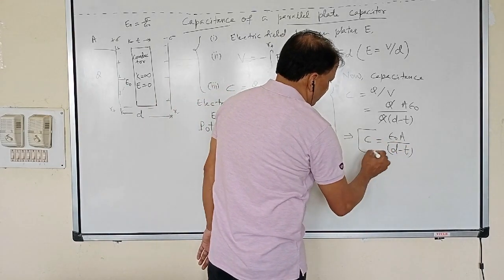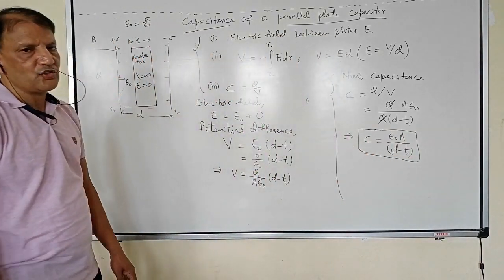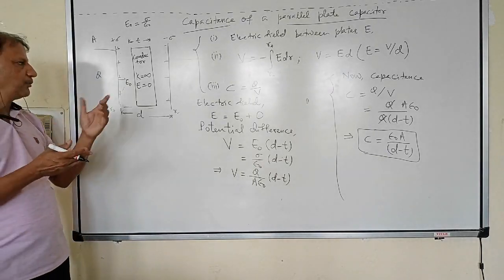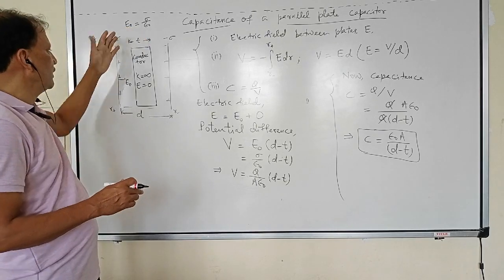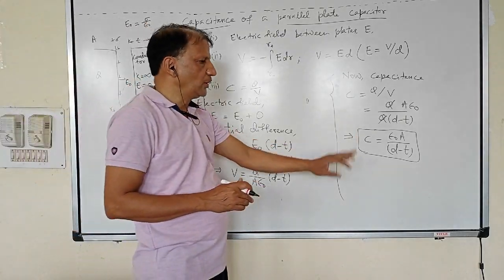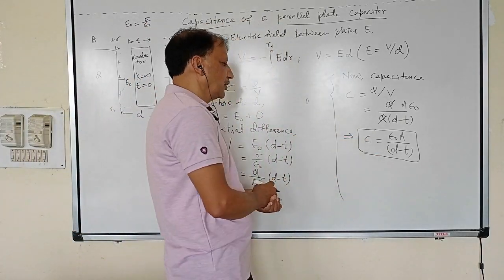So this is the value of the capacitance of a parallel plate capacitor when a conductor of thickness T is introduced between the plates. Here also you see the capacitance will increase, because the denominator is decreasing.